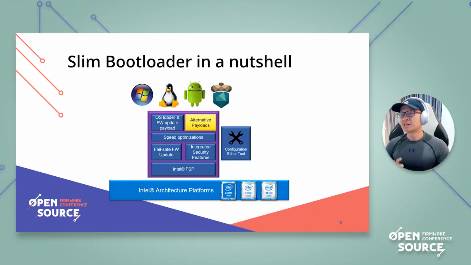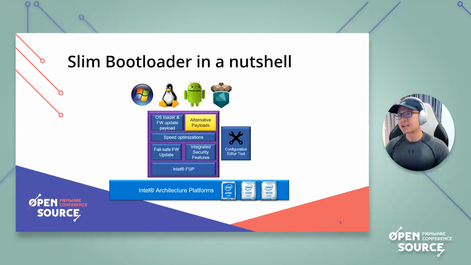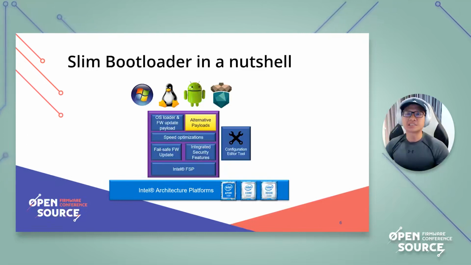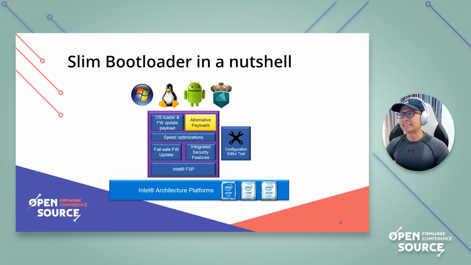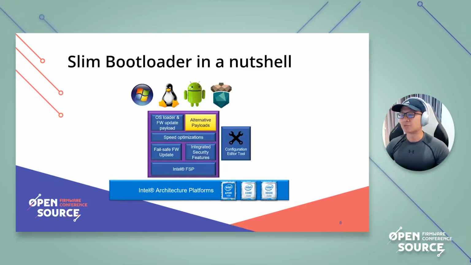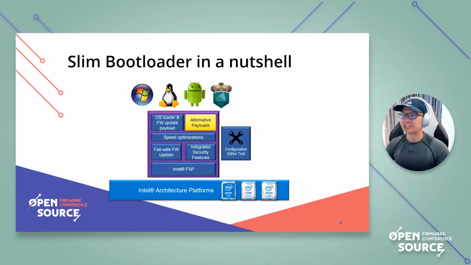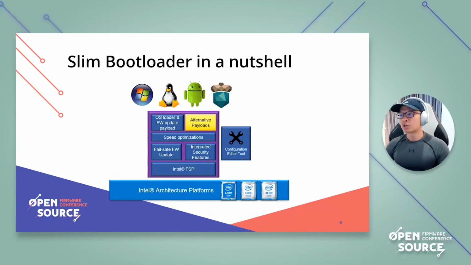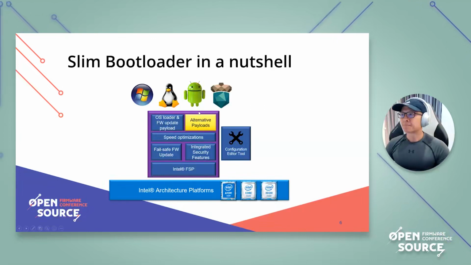And to configure Slim Bootloader, as well as the FSP parameters, it comes with a configuration editor tool that you can easily select what are the options and what are the settings that you need to tweak and change. And all of these are supported in the Intel architecture platforms all the way from Atom to Xeon.